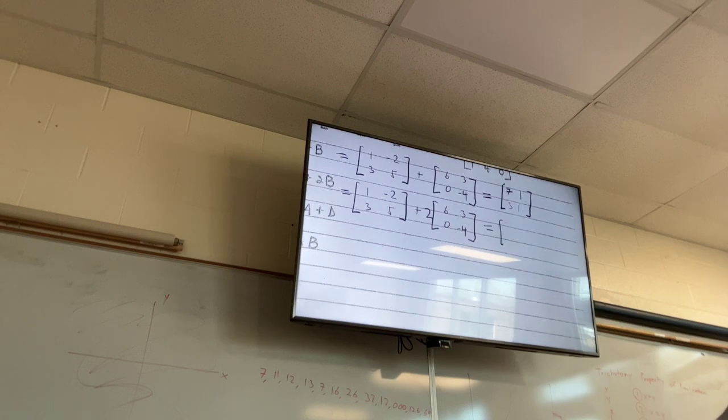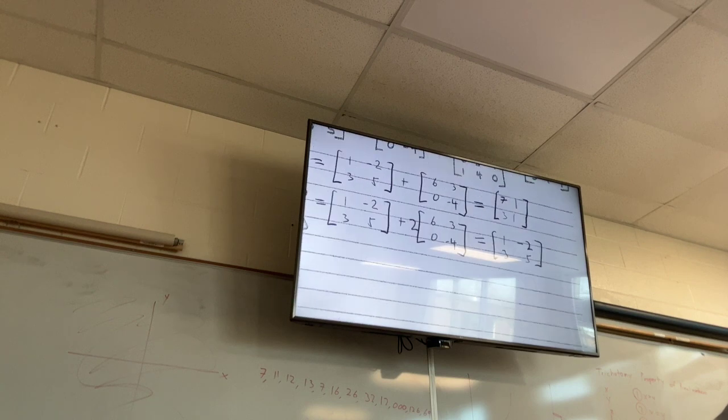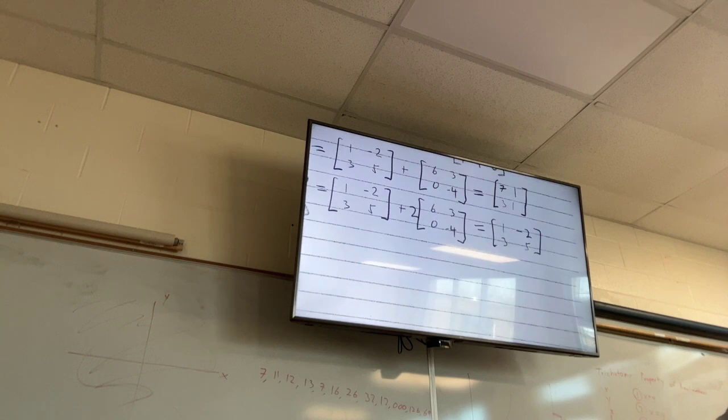I'm just going to copy down A, and I'm going to show you how to do 2B. Let's make this a little smaller. I'm going to write 2B here in pink.